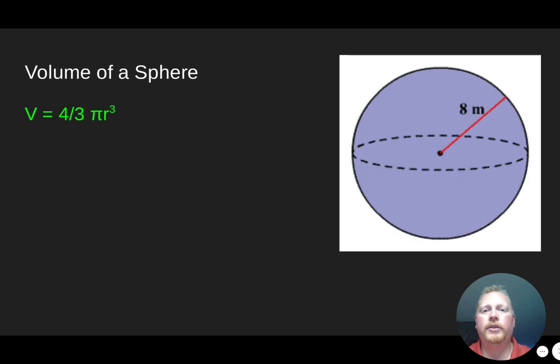So now let's talk about volume. The formula for volume of a sphere is 4/3 pi r cubed. So let's use that formula along with the fact that in this sphere, the radius is 8. Let's plug it in. So 4/3 pi 8 cubed. 8 cubed is 512.